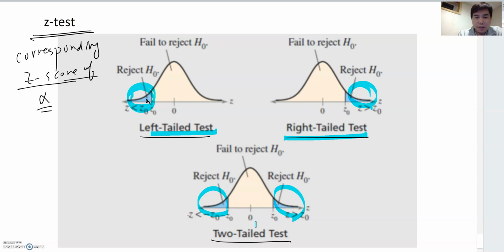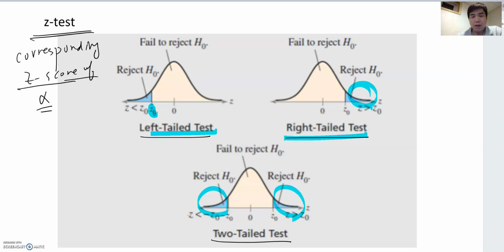If you look carefully here, Z0 is basically the corresponding z-score of alpha. We will find this value using the t-table this time. You may wonder why we're using the t-table and not the z-table.